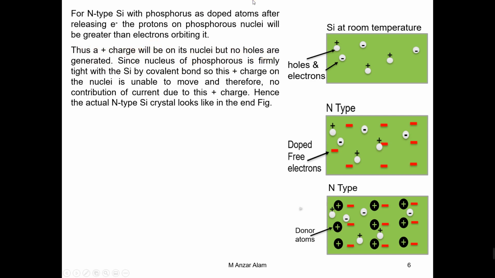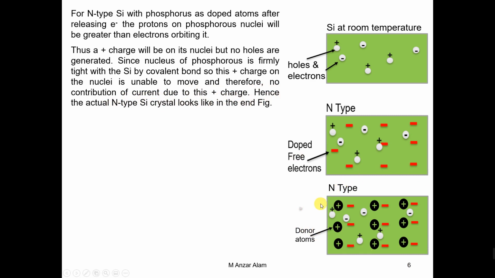I have shown before in this figure there is a hole and there is an electron. Okay, but since the nucleus of phosphorus is firmly tied with the silicon by covalent bonds, this positive charge on the nucleus is unable to move, and therefore there is no contribution of current due to this positive charge. Hence, the actual N-type silicon crystal looks like the end figure.